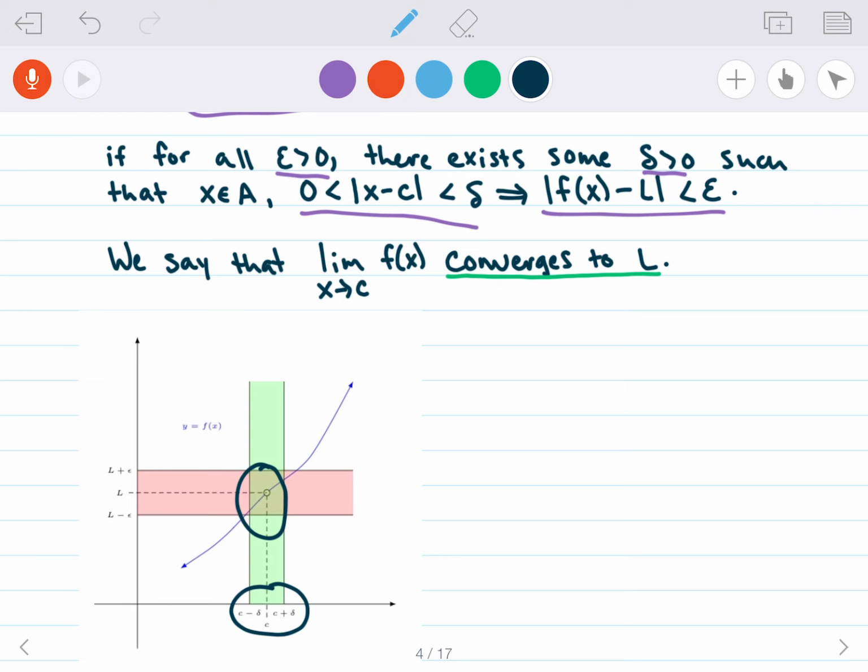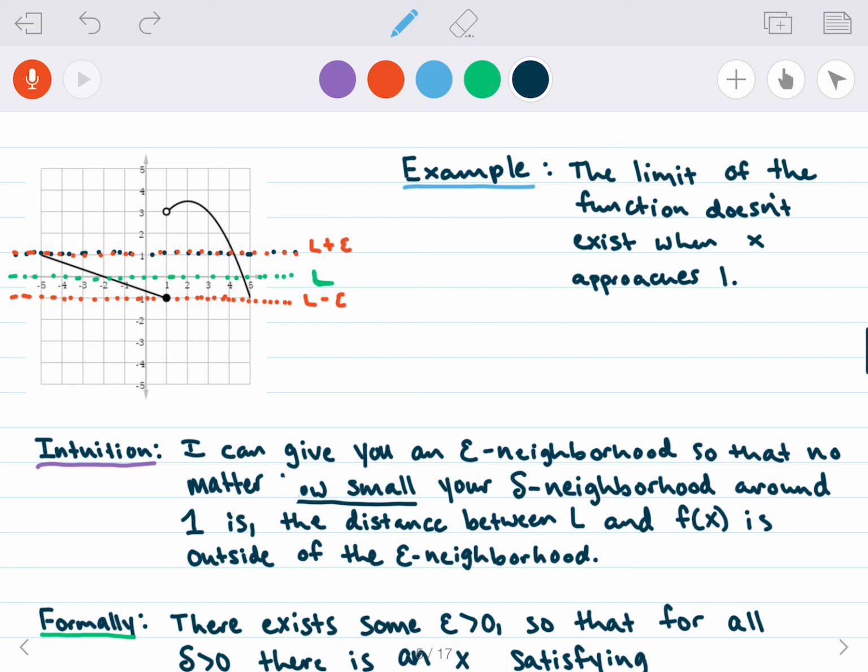And so the intuition here is that I'm going to give you an epsilon neighborhood for which you cannot find a delta neighborhood that satisfies the definition of a limit. And so I can give you an epsilon neighborhood so that no matter how small you make your delta neighborhood centered at 1, I'm going to be able to find an x in that neighborhood so that the distance between our limit and f of x is going to be outside of the epsilon neighborhood.